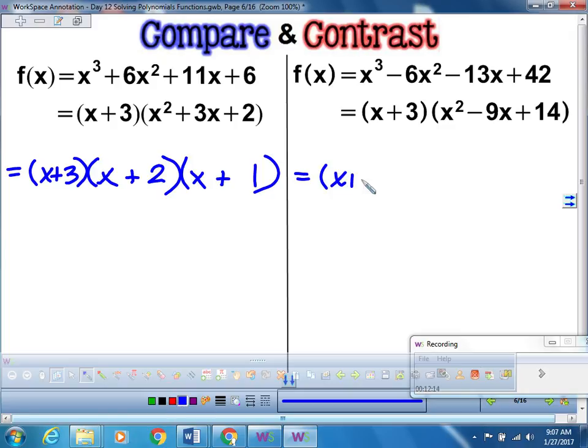So x plus 3, x and x. What are my 2 other ones? 7 and 2. Does 7 and 2 make negative 9? Joey? Does 7 and 2 make negative 9?